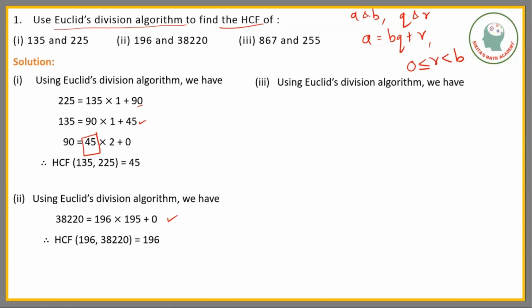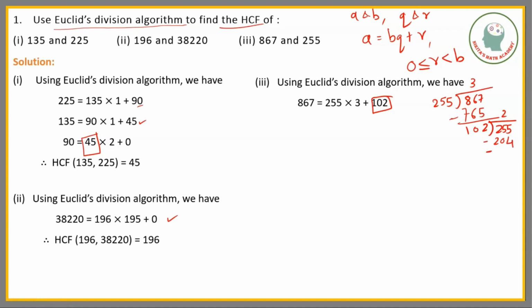Now let's try this third one. Again, we'll do the same thing. 867 divided by 255. So it will be 3. Again, we'll write this as 867 equals 255 into 3 plus 102. You can see the remainder is not 0, so we need to do the steps again. 255 divided by 102, 2 times is 204.